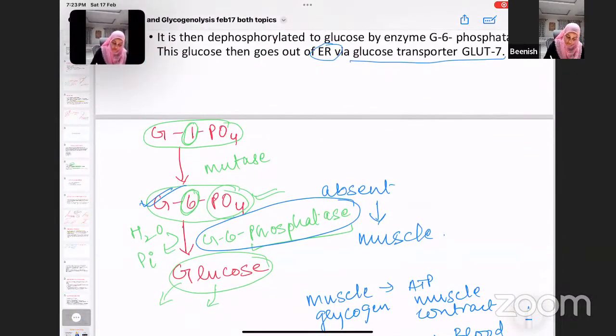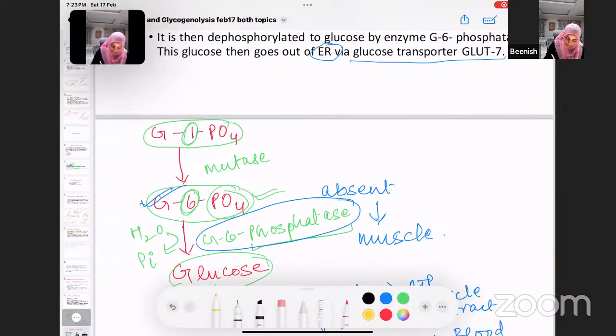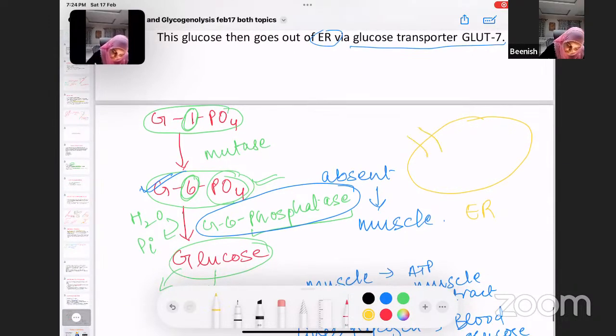So it is trying to say something like this. Like this is your endoplasmic reticulum, and this is a transporter, translocase. So your glucose 6 phosphate will enter into the endoplasmic reticulum via this transporter.